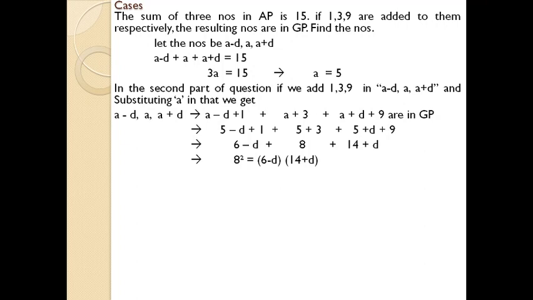Just imagine a series 2, 4, 8. In this situation, the common ratio is 2. Let's leave that aside. The series is 2, 4, 8.